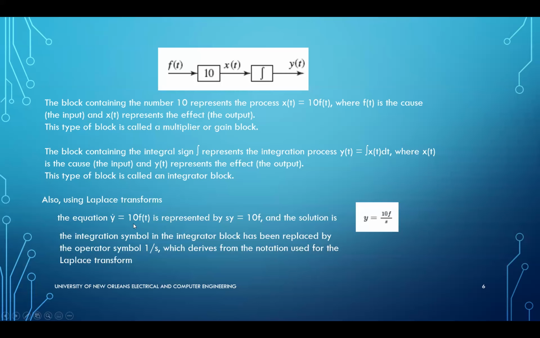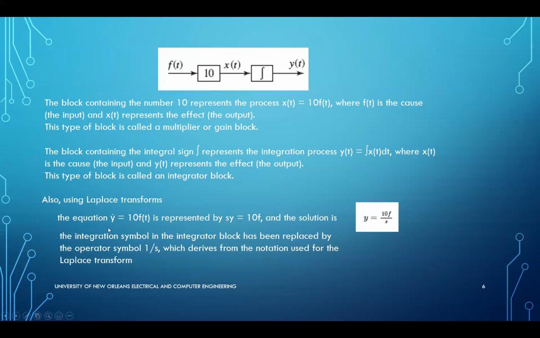But if you take the original equation, which is the derivative of y equals 10f of t, and take the Laplace transform of that expression, which at this point, don't worry about, we're just going to take it for granted that we have the same derivative represented by this Laplace transform, which gives us another form. And you'll see that in a minute.